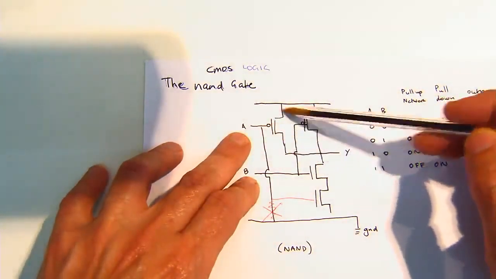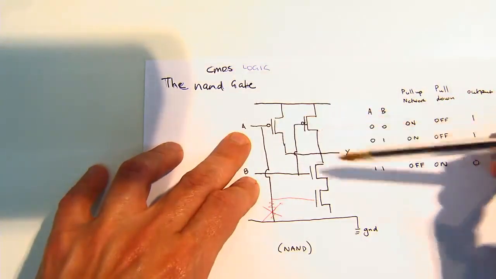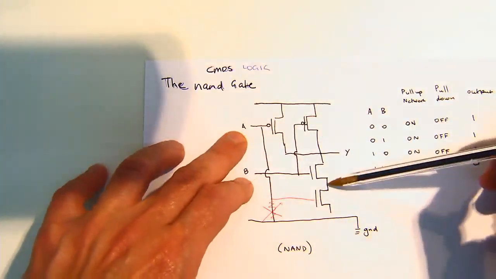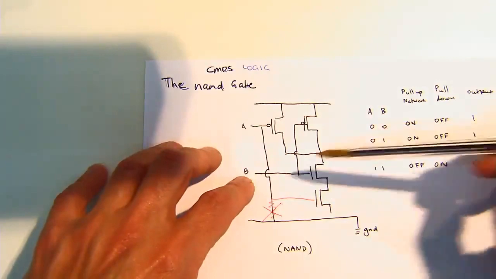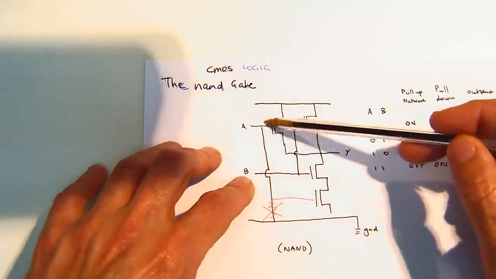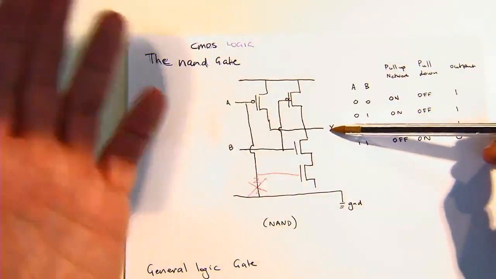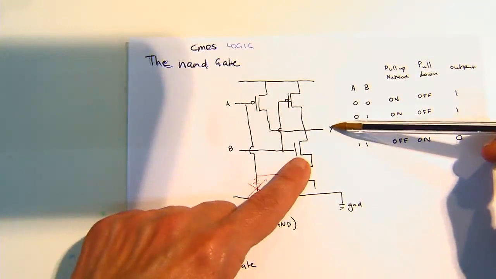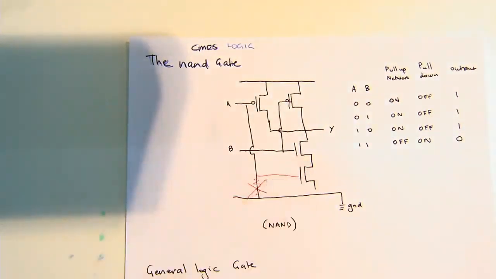What happens to the P? Is it on or off? On. Okay, so they're on. What happens to these NMOS if B is 0? These NMOS devices are off. Perfect. So A on, B off. So the output voltage here is what? High. Yeah, perfect.